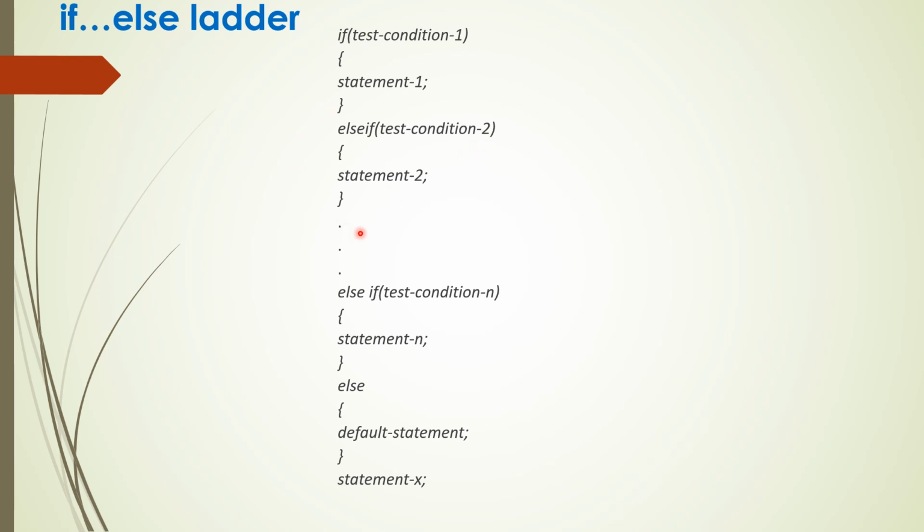If it is false, again it goes to the next one, condition 3. If that is true, it will execute that block. If that fails, then it moves to the next. Likewise, it will move n number of times. You can give n number of else if conditions, and even if all the cases are false, it will move to the last else. That will be a default statement.